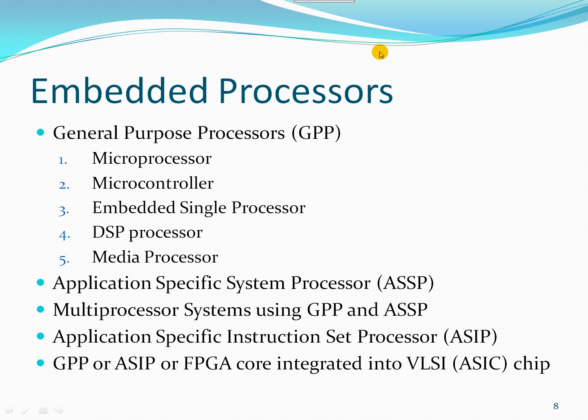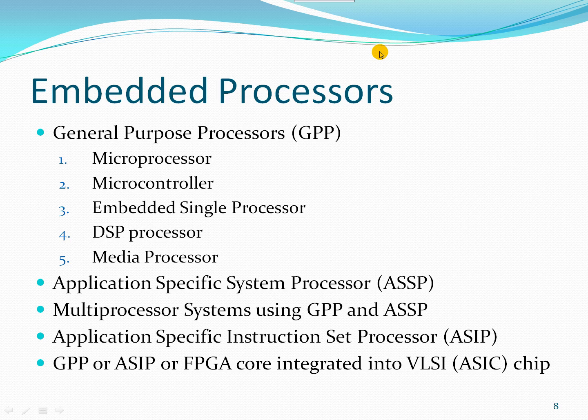The first category is the general purpose processors. In the general purpose processors, we have the microprocessor, microcontroller, embedded central processors, DSP processors, and media processors. The second category is the application specific system processor, and the third category is the multiprocessor system using GPP and the application specific system processor.